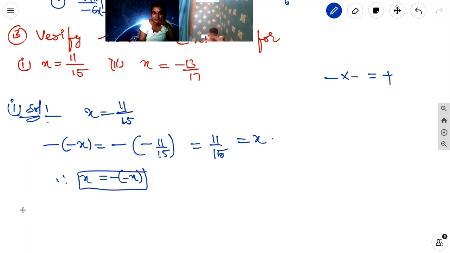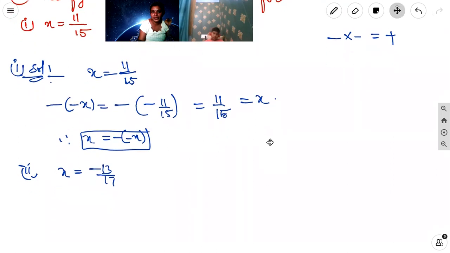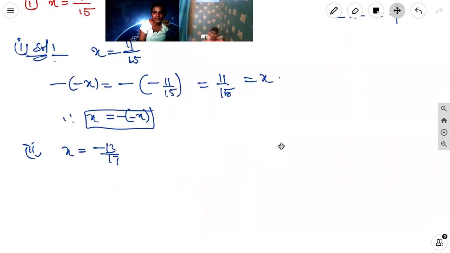For the second case, x equals minus 13 by 17. Whether the number is positive or negative, is it true or not? Just check. Minus of minus x is minus of minus 13 by 17.